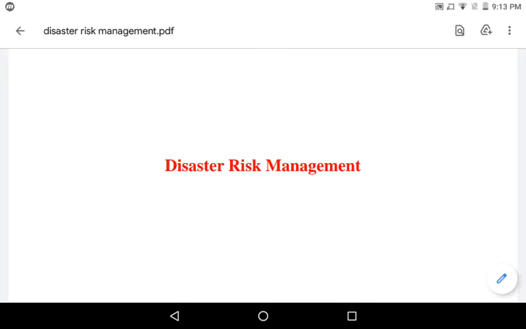What are the factors we should be ready for: risk reduction, then preparedness, mitigation, prevention. All this we have just seen in the first module about the cycle of disaster management. So in this module we'll be dealing in detail with what each term means.